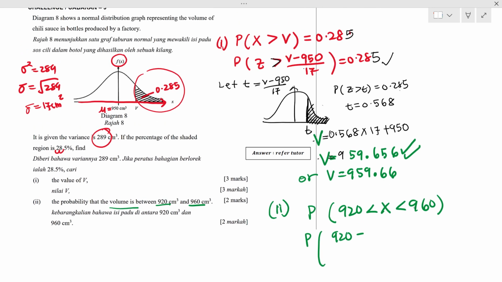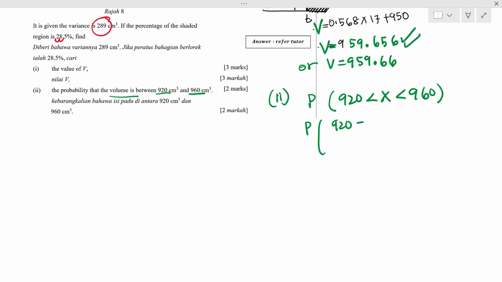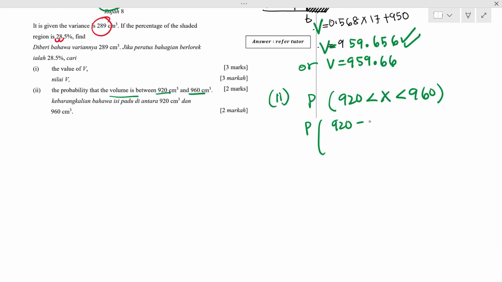What is the mean? The mean is 950. Remember your mean is here, 950. And then 17 is your standard deviation. You change ready to your Z. 960 minus 950 over 17. And then get your answer to 3 decimal places. 920 minus 950 divided by 17.